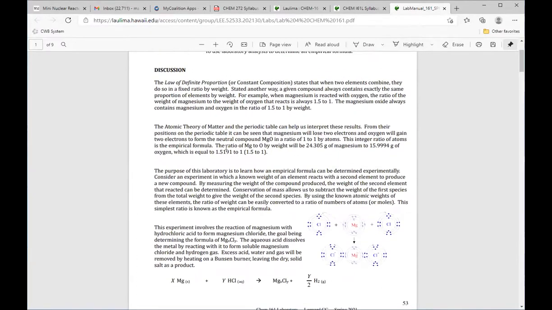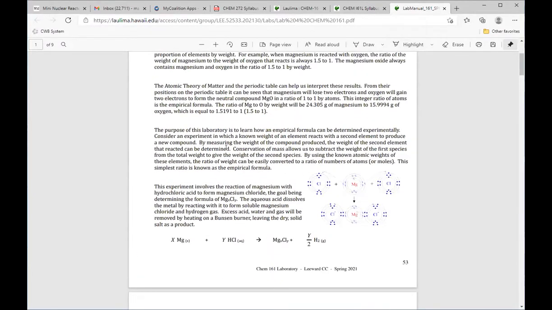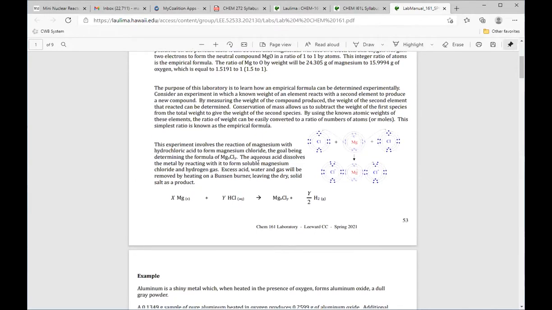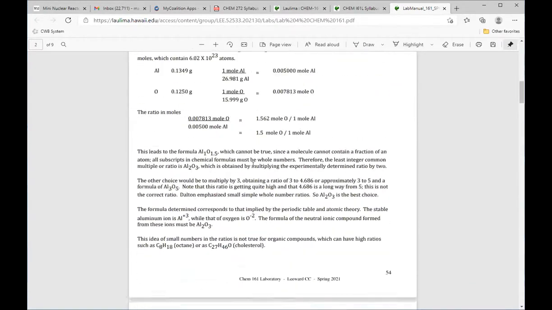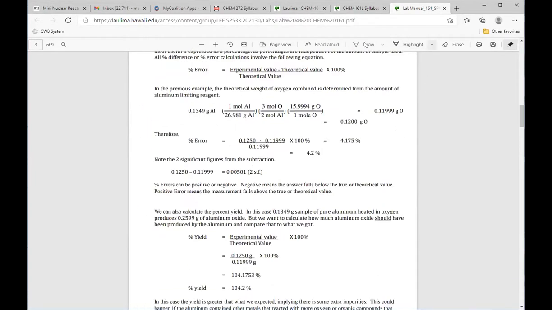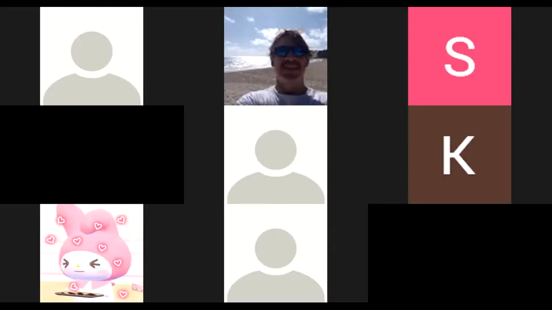So we learned about empirical formulas, and ionic compounds are basically empirical formulas. They're governed by the charges, right? And so I want to whiteboard and teach a couple of concepts that may be new to some students, may not be.